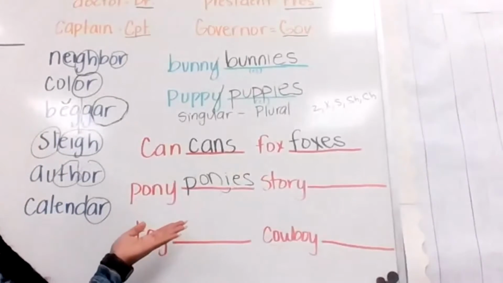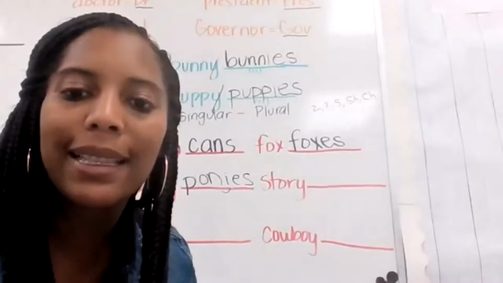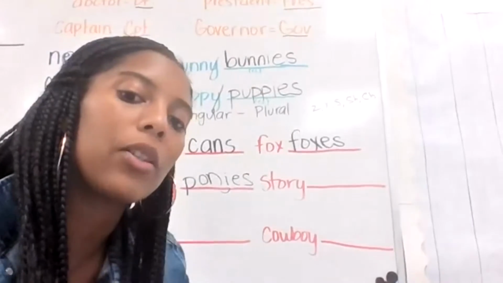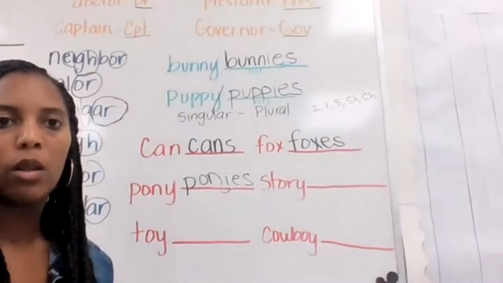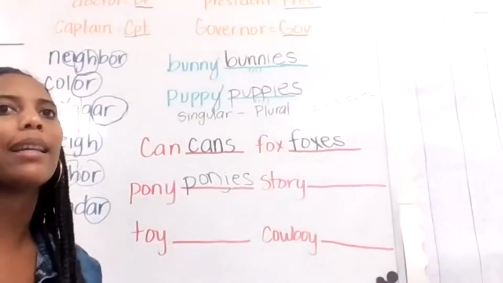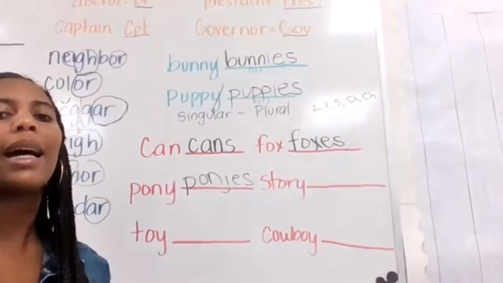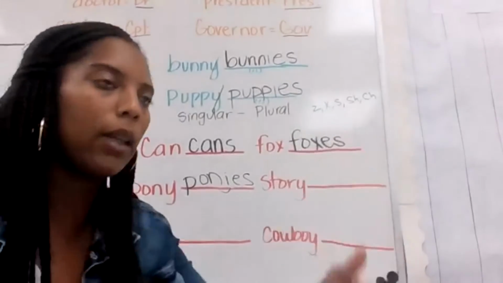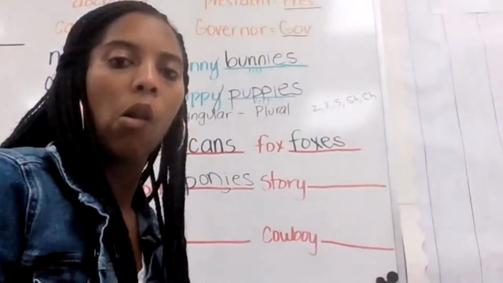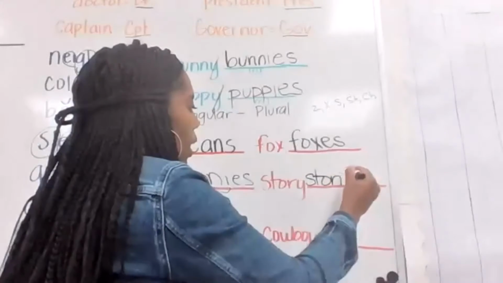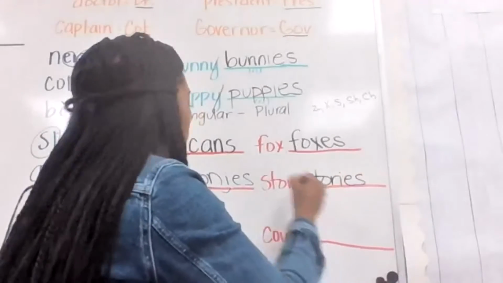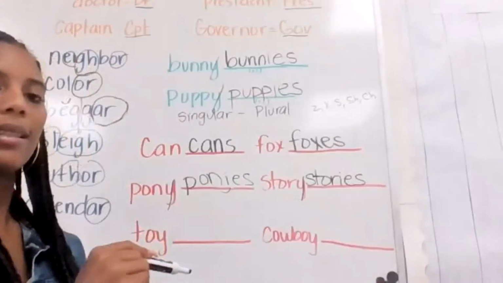This is what ponies looks like. So we change pony singular into ponies plural. We change the Y into an I and add ES. Next, I have story. How would I turn story singular into a plural noun? Stories. Evan? S-T-O-R. Take out the Y and put I-E-S. Took off that Y and added I-E-S.